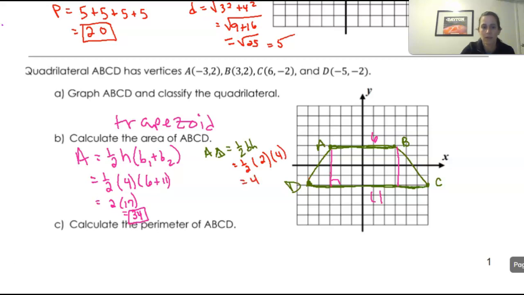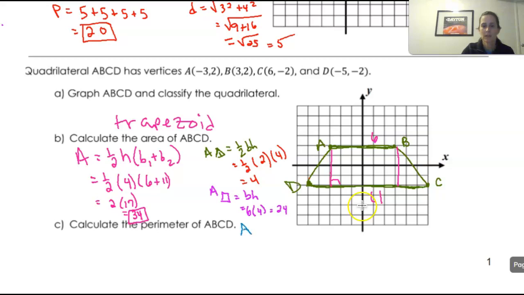Now we can calculate the rectangle in the middle. So then we would have area of the rectangle is equal to base times height. Our base for this would be 11 minus 2, which is 9, minus 3, which is 6. So 6, opposite sides are congruent, so it'd be 6 times the height, which is 4, and we would get 24.